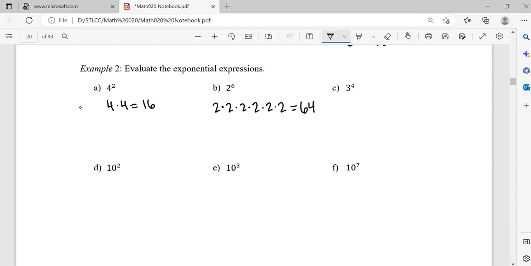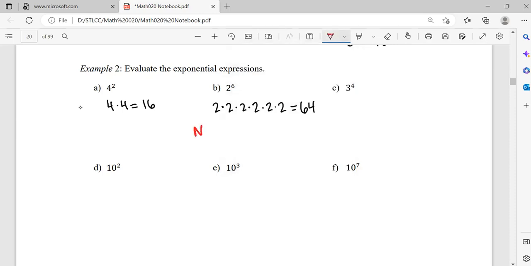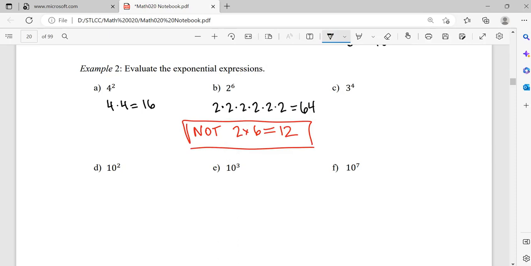You would basically just multiply. So remember, 2 to the power of 6: this is a very common mistake. This is not 2 times 6. That would be wrong. Okay, the next one is 3 to the power of 4.